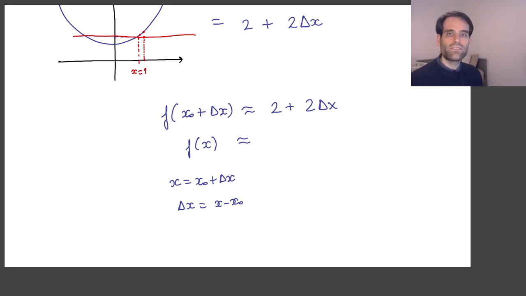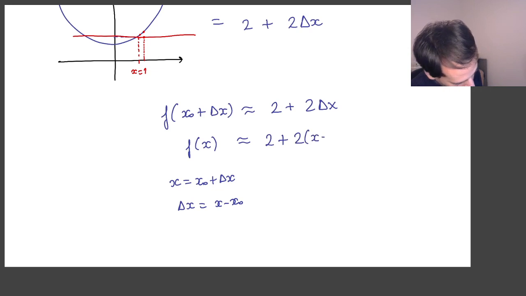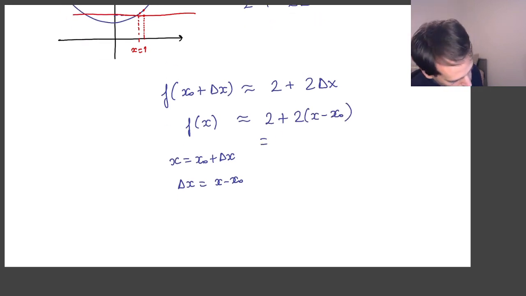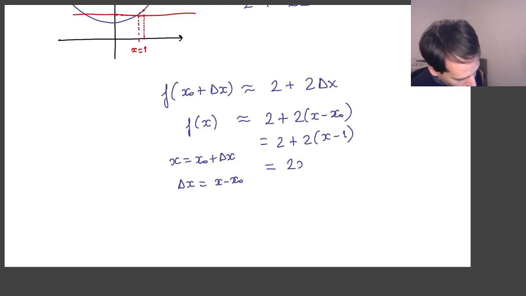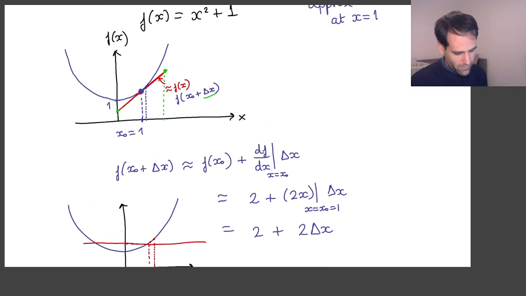So you just substitute that here, and you get 2 plus 2 times (x minus x0), okay, which is equal to 2 plus 2 times (x minus 1), which is equal to 2 plus 2x minus 2. So actually it's 0 plus 2x, so it's equal to 2x. So this is the equation of the line that approximates this parabola.